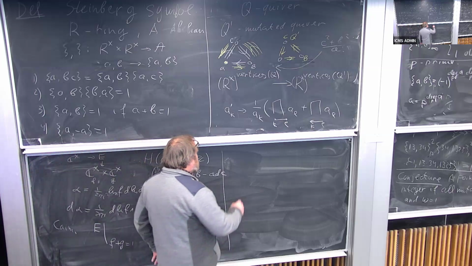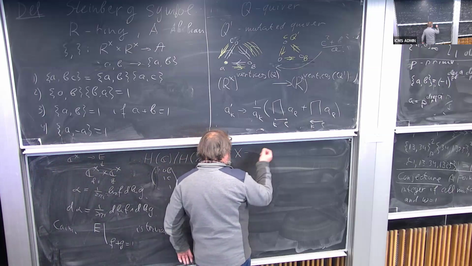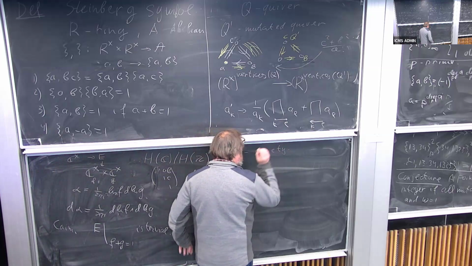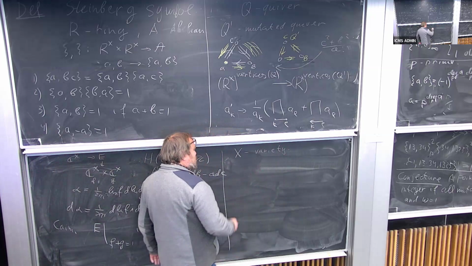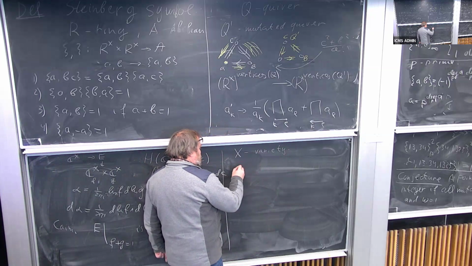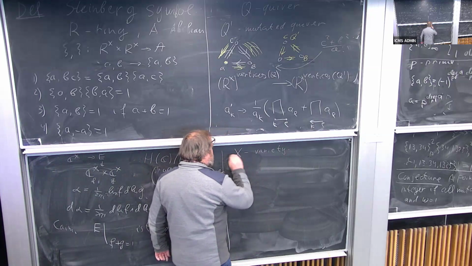Now let X be a variety, any algebraic variety. Now, an example of a symbol.